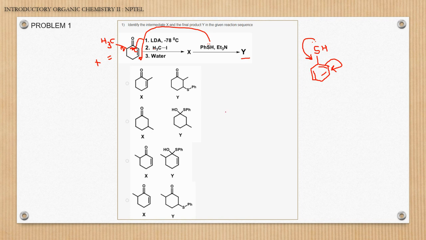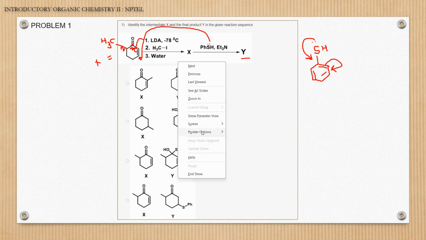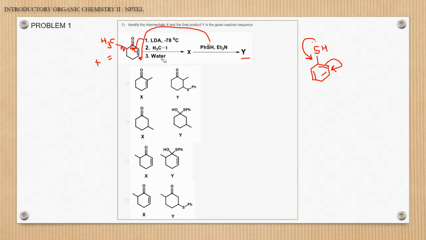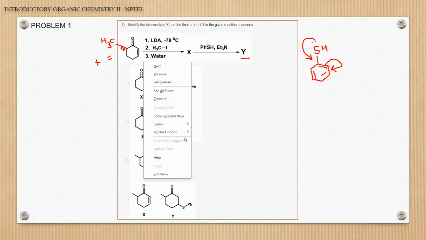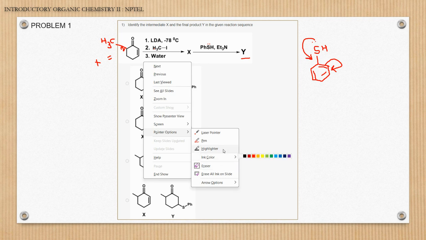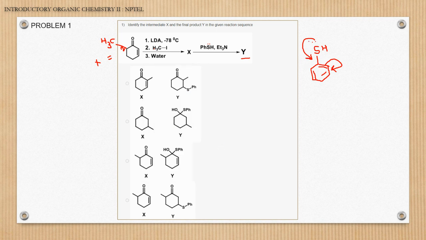So here the beta position is a soft electrophilic position, and this C1 position is a hard electrophilic position. So the nucleophile which is soft in nature will attack the beta position, which is the soft electrophile. According to HSAB theory, a nucleophile which has resonance stabilization behaves as a soft nucleophile. That is why the attack will take place at the beta position.